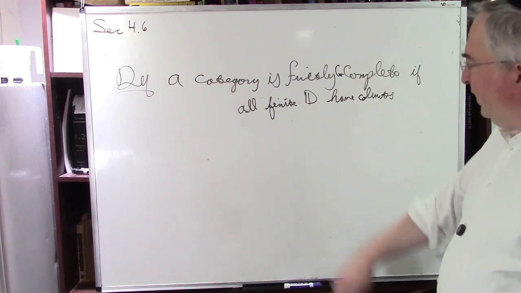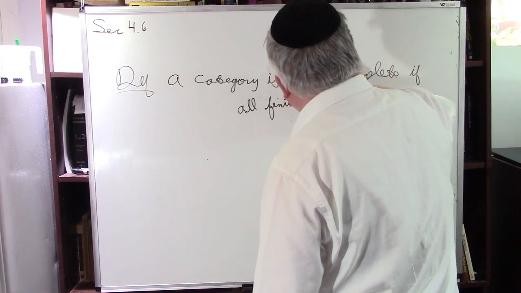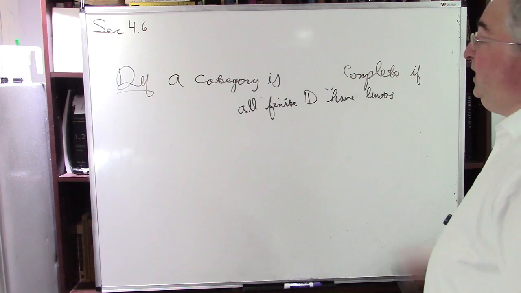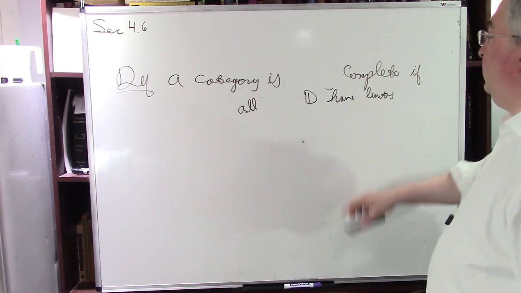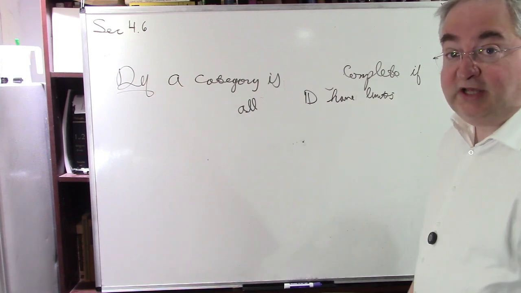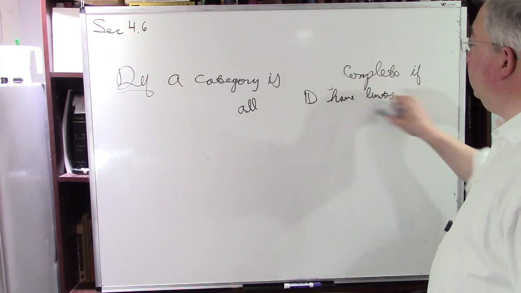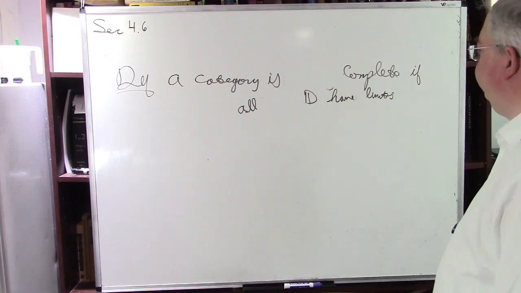So finite limits, finite colimits, but we can also talk about a category being complete if for all D, no matter what size D is, maybe it has to be locally small or something like that, it has limits.